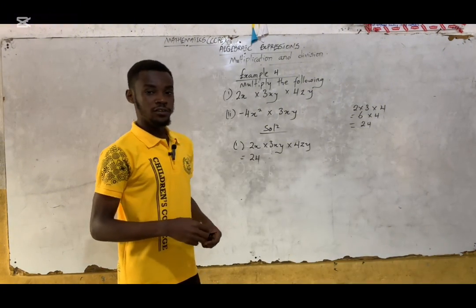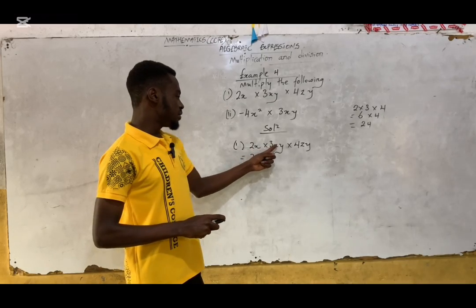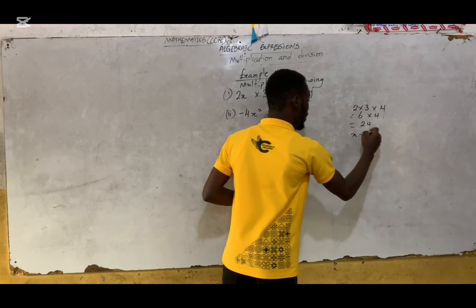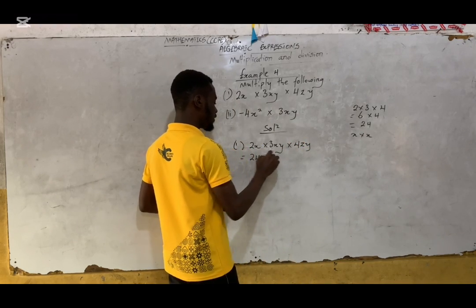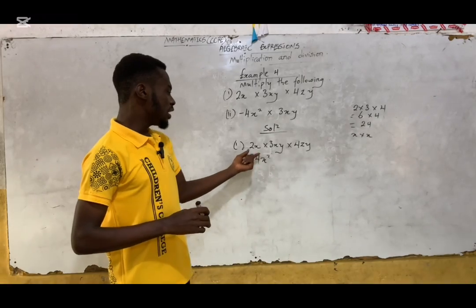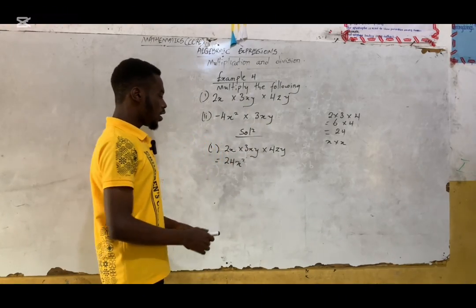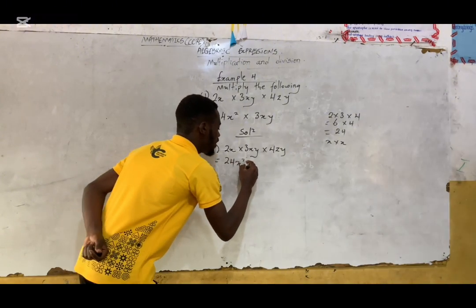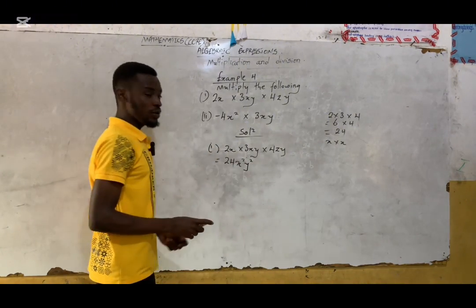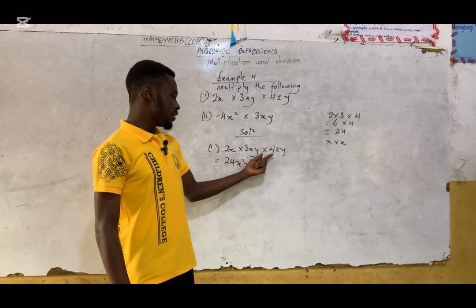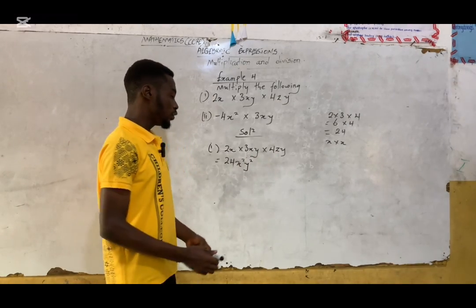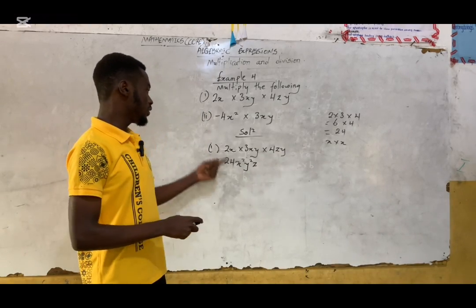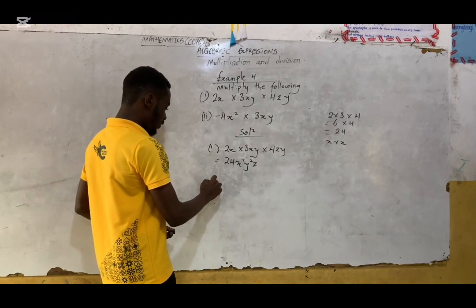Remember, letters also multiply letters. X times x. Do we have any other x? No. So x times x, remember, we get x exponent 2, alright? Do you have any other variable? Yes. Alright, so y by y, are we okay? Gives us y exponent 2. Do you have any other variable? That is z, right? But it has no partner, so you just write z. If you had this one correct, congratulations, right? You are making progress. Let's go to the next one.